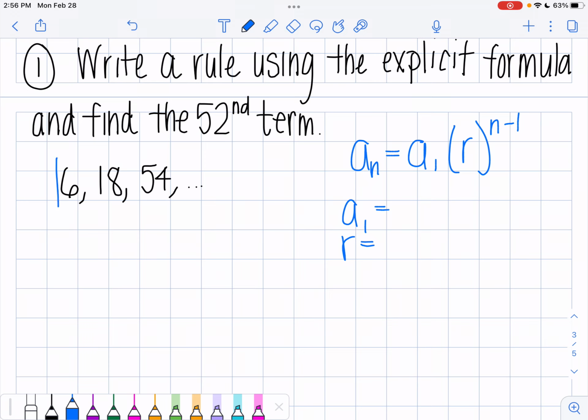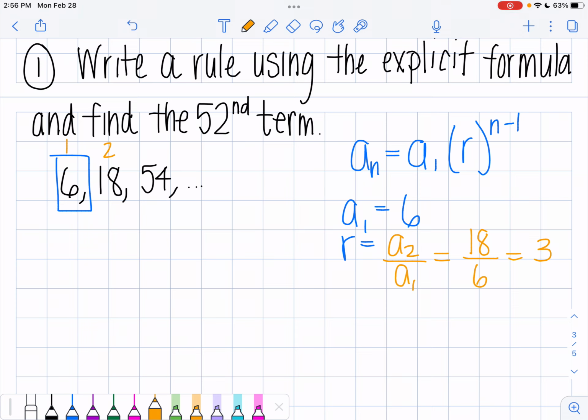My first term is easy. That's the first number in the list, 6. To find my common ratio, I take my second term, a sub 2, and divide it by my first term, a sub 1. So I'm going to take 18 and divide it by 6. Gives me 3. Okay, perfect.